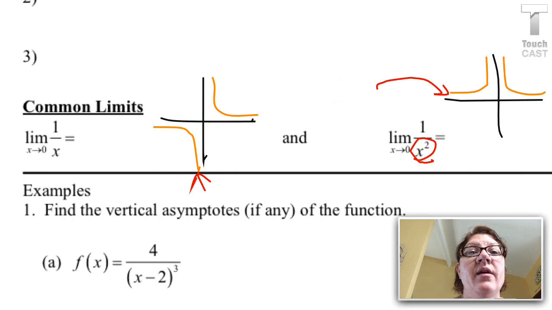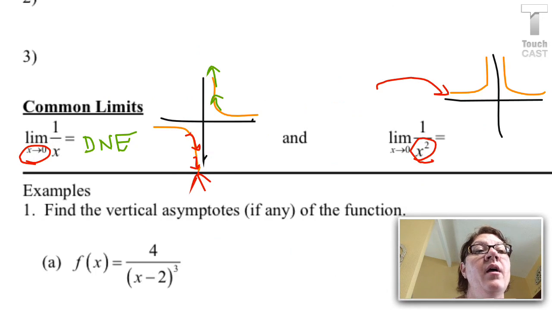And so as x is approaching 0, what I notice is from the left, when I get closer and closer to 0, I'm going to negative infinity. And yet from the right, when I get closer and closer to 0, I'm going to positive infinity. And those clearly don't match, so this one does not exist. However, over here on the positive one, as I zoom in from the left, I'm going to positive infinity.